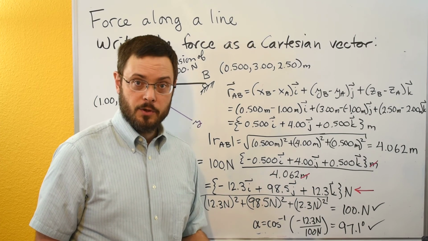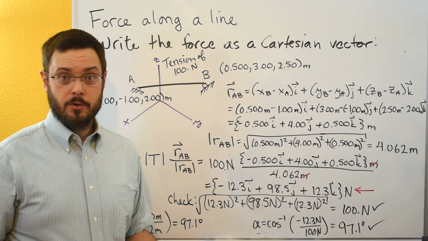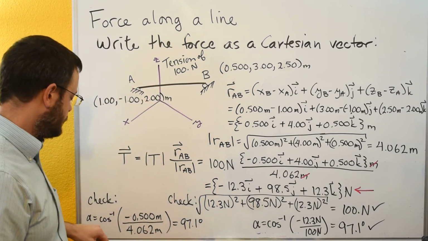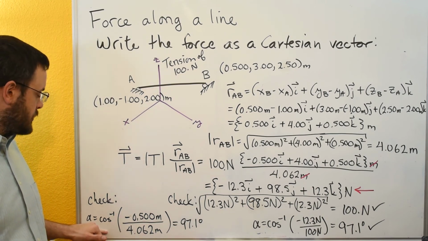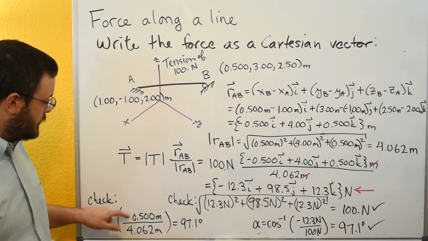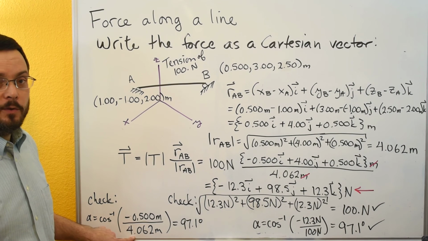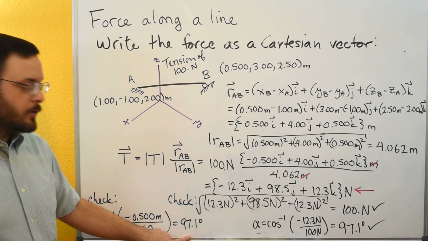So our magnitude checks. The second thing that we would want to check would be, is the direction the same as the position vector? So we can calculate one of the coordinate direction angles for our position vector. Alpha would be the inverse cosine of the x component of our position vector divided by the magnitude of the position vector, and that gives us 97.1 degrees.